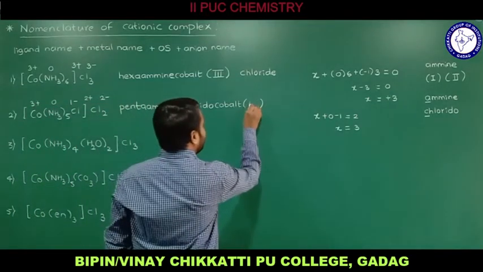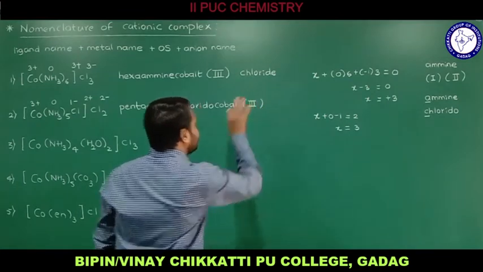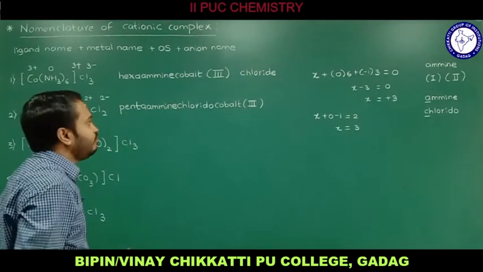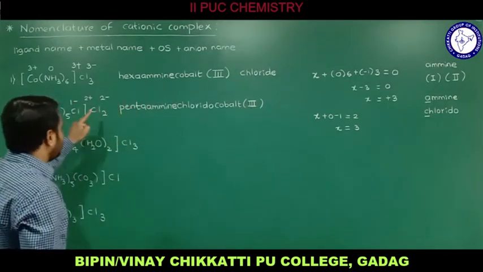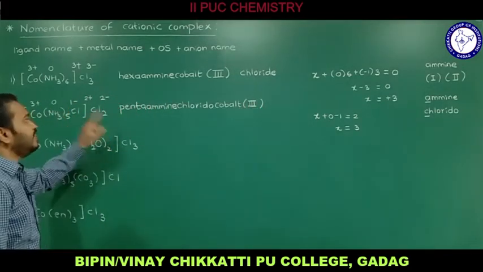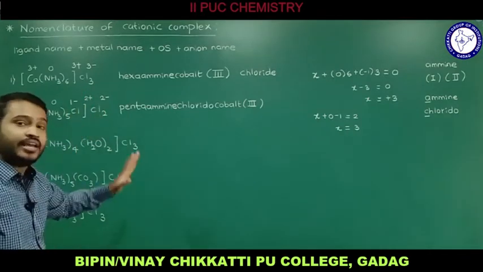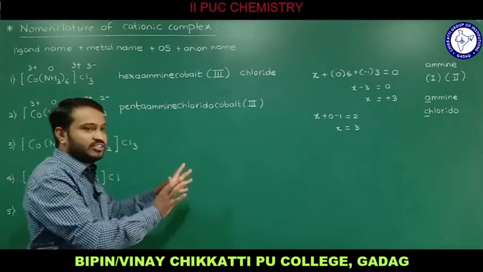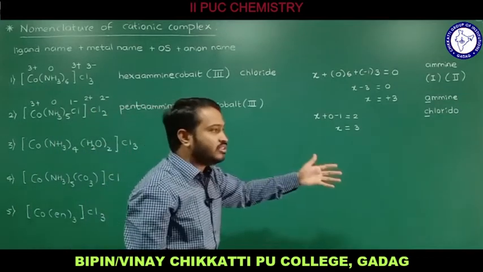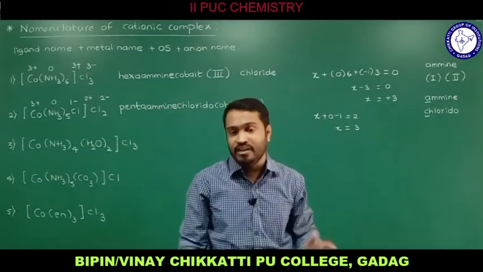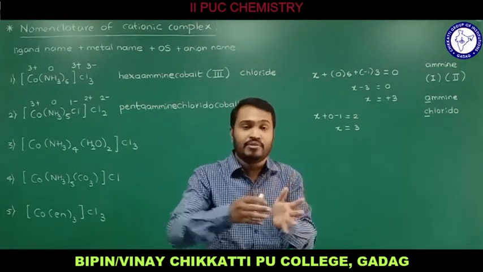Therefore I write Roman numeral 3 inside the square bracket after the name of the metal. There is no gap in between. Now I need to leave a gap, and I need to write the name of the counter ion, Cl2 minus. What is the anion? You need to write the anion. No need to write the prefixes here. Remember, the name of an anion is different, the name of a ligand is different. The name of a cation is different, the name of a ligand is different.